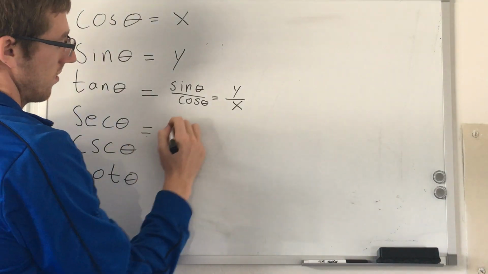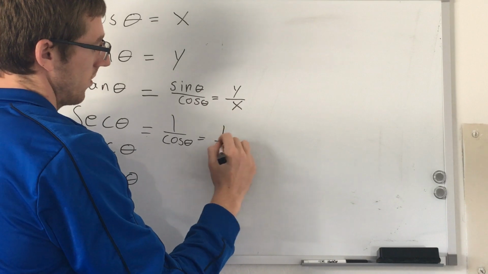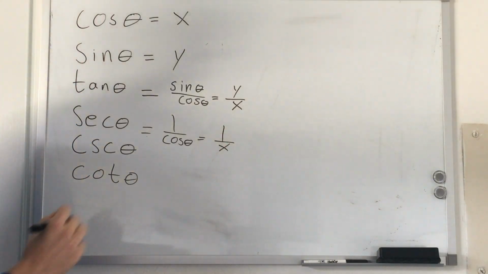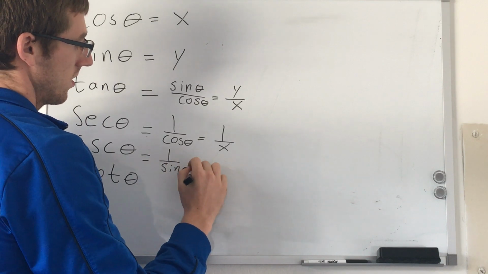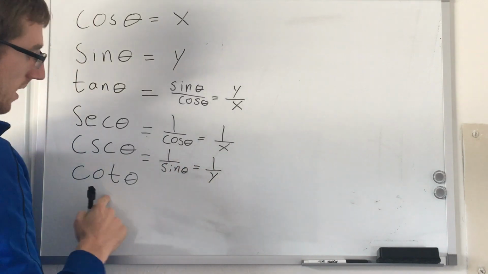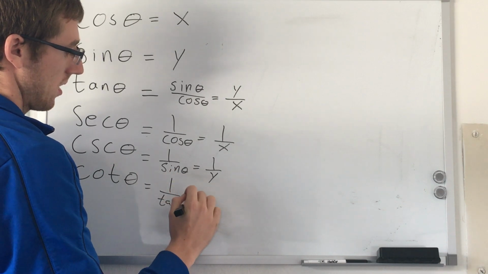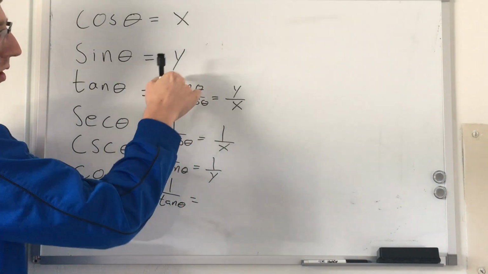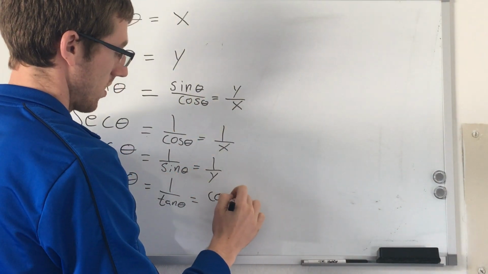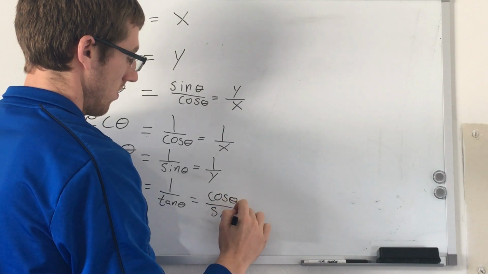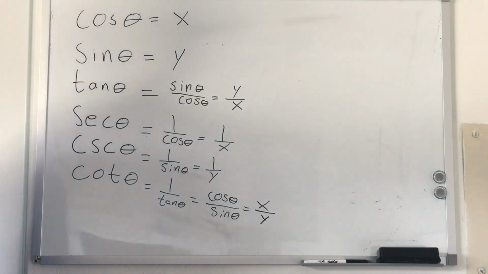Secant theta is 1 over cosine theta, so that's 1 over x. Cosecant theta is 1 over sine theta, so that's 1 over y. And cotangent theta is 1 over tangent theta. So that means 1 over sine over cosine, which just means you flip them. So it's cosine theta over sine theta, so this is x over y.